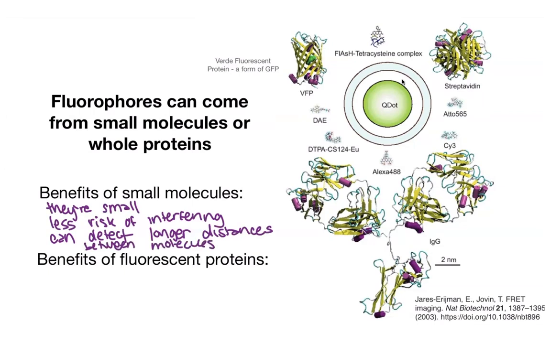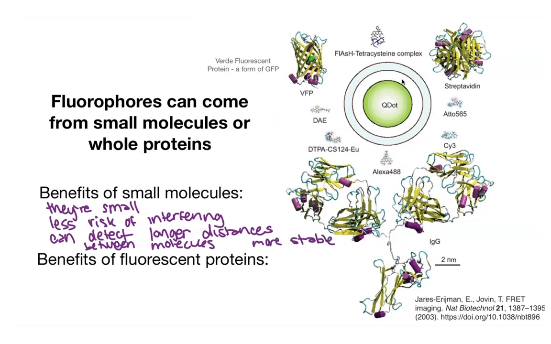It's not that the fluorophore itself is different, but it's because you don't have to consider the size of the protein taking up some of that distance. They're more stable, but they also have downsides.